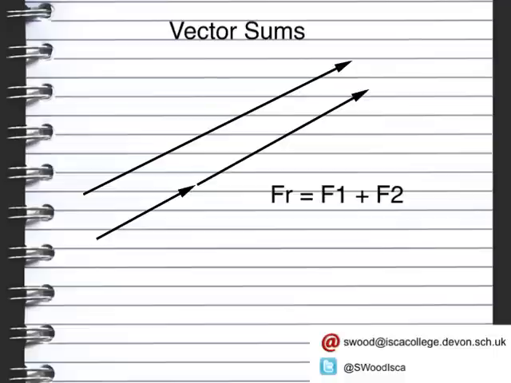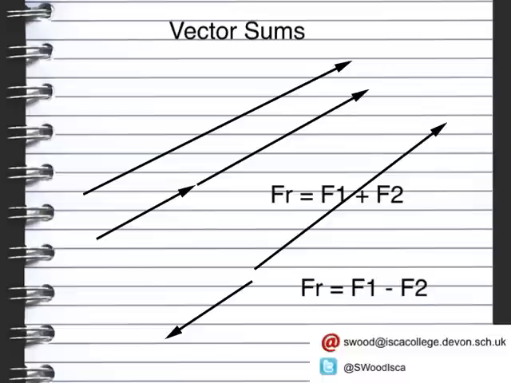Now, if we've got one force going in this direction and a second force going in the opposite direction, then our resultant force is going to be Fr is equal to F1 minus F2. Okay, so if this is F1 here, and that will be F2, that's where we get our resultant force from.